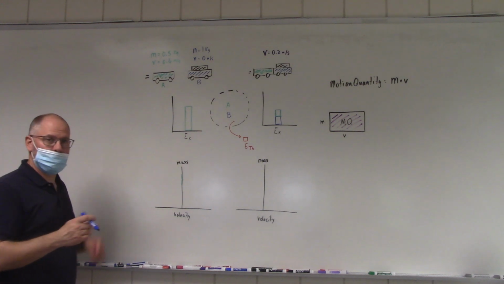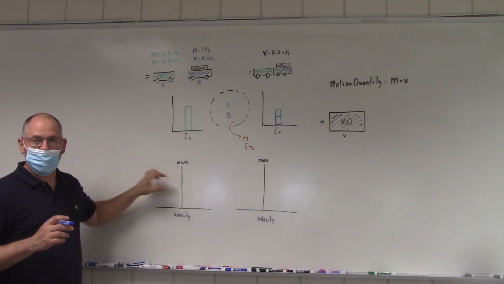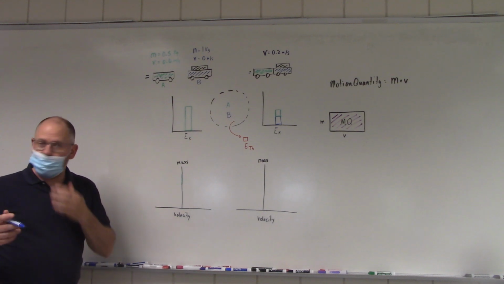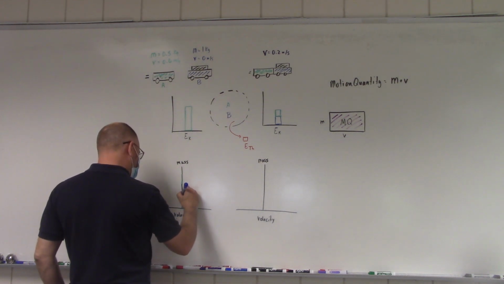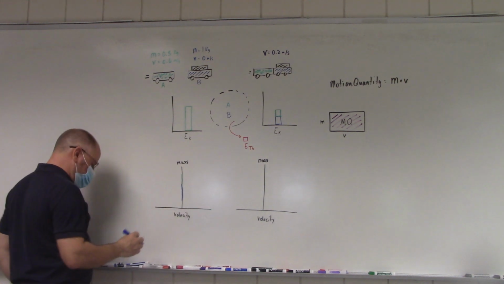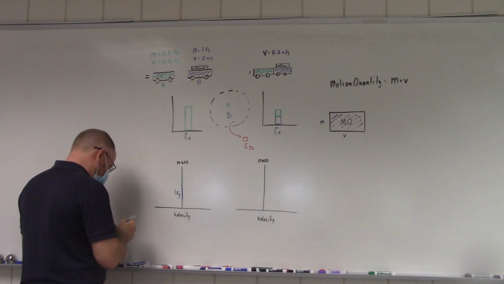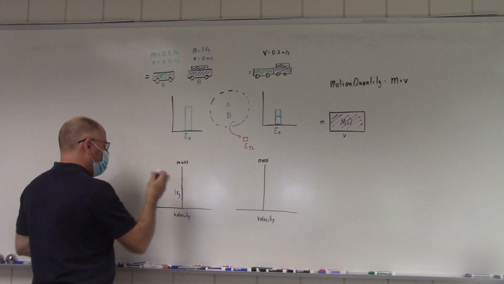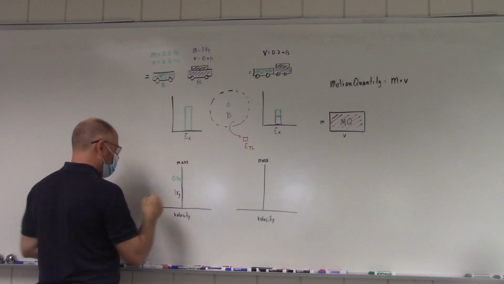How much? 1 kilogram. So how much longer am I going to draw it on the mass axis? Twice as long. You see how that works? All right, so this is 1 kilogram long here. And this one is 0.5 kilograms.